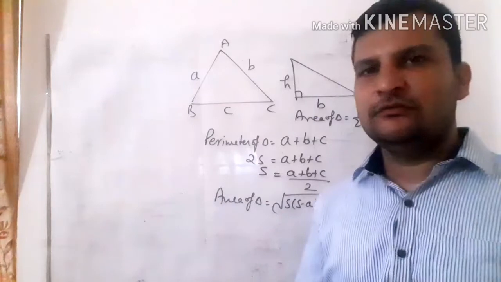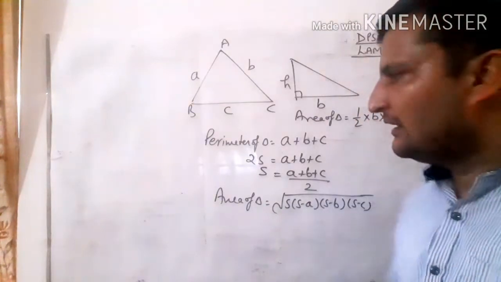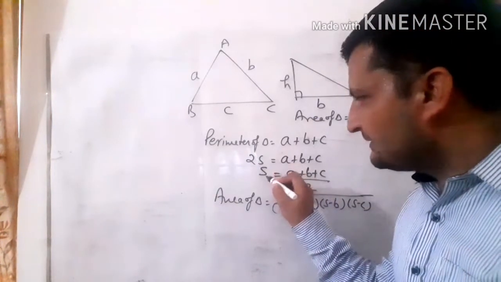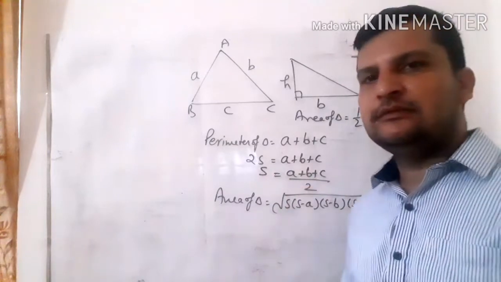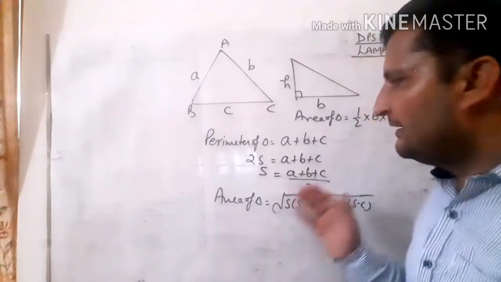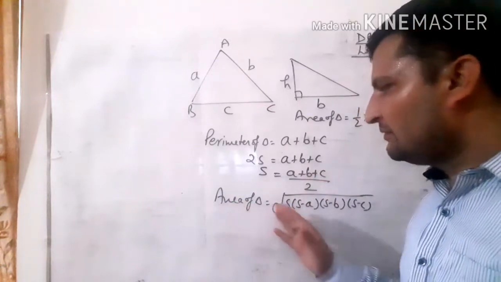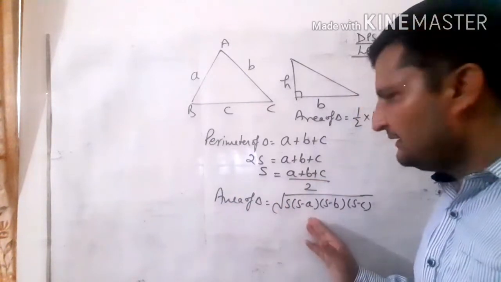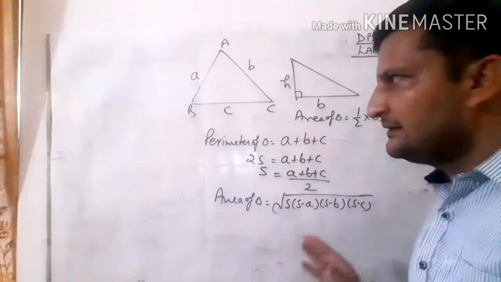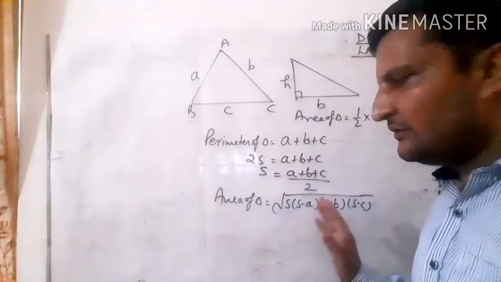First we have to find the value of s. s is equal to a plus b plus c by 2, the sum of all sides divided by 2, and then the area of the triangle is equal to root of s minus a, s minus b, and s minus c. This is called Heron's formula.